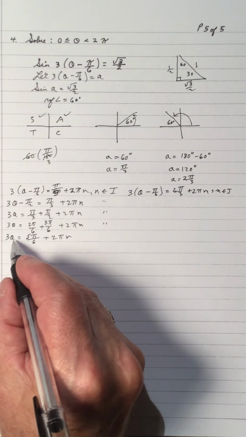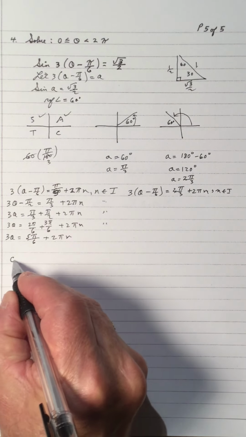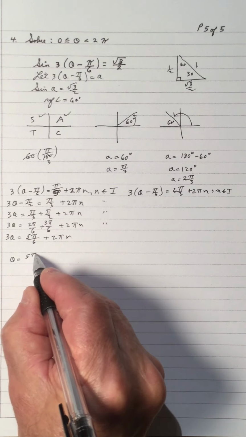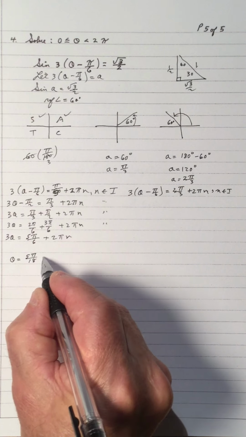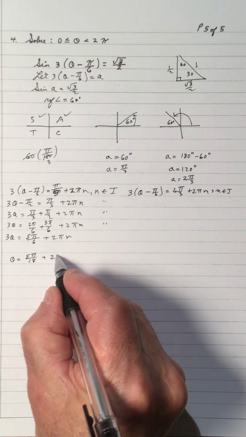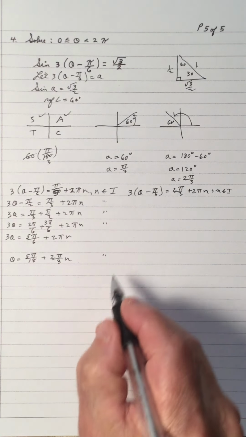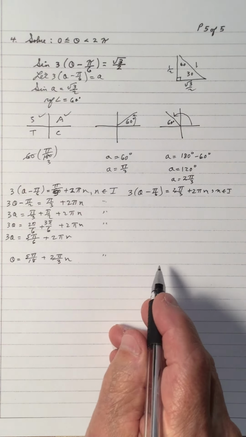Now we have to divide by 3. So theta is 5 pi over 18, and divide by 3, I get 2 pi over 3 times n. N belongs to the integers.